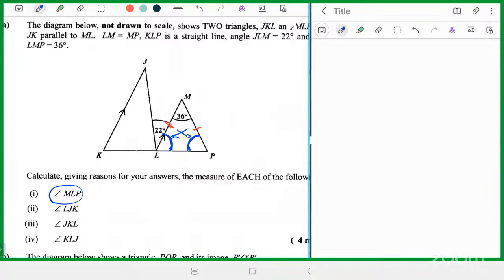So because this side in the triangle is equal to this side in the triangle, then the angle opposite to this side, which is over here, is equal to the angle opposite to this side, which is over here. Some people just say the base angles are equal, but you don't have to look for a base angle. That's why I prefer to say the angles opposite the sides that have equal length are equal angles.